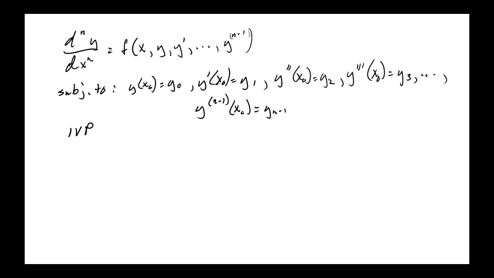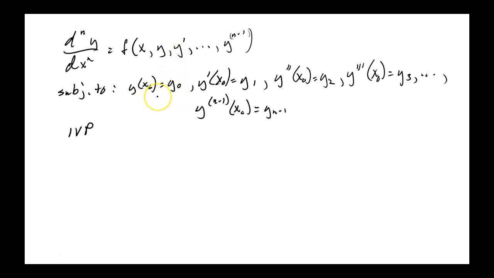The values of y of x and its first n minus 1 derivatives at x0, all at the same point, are those values we said, y0, y1, okay.